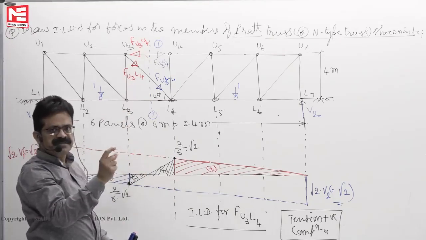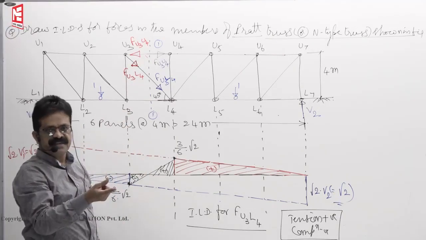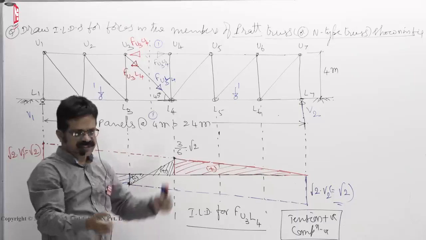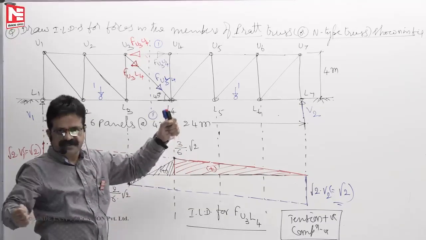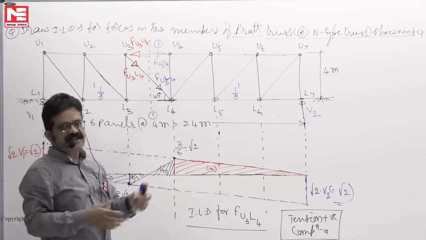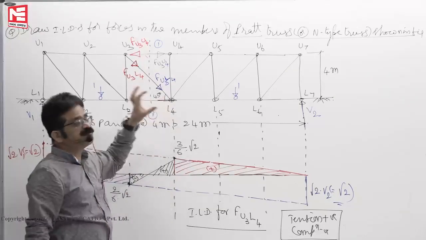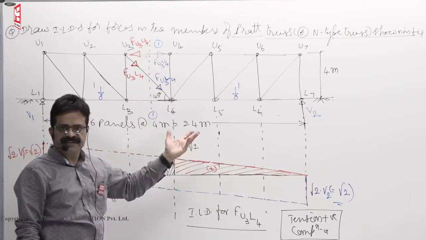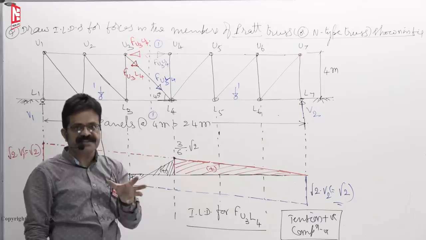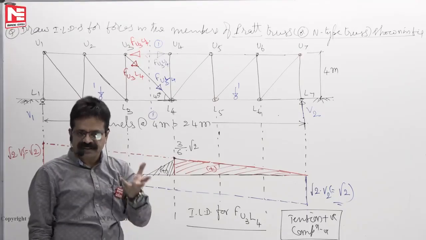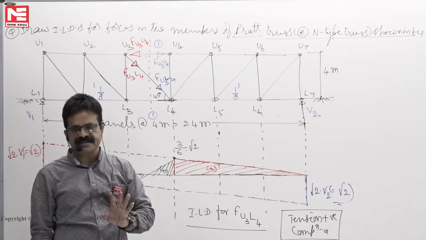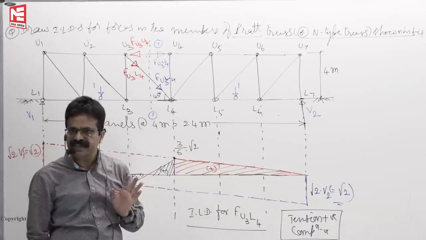If any member is subjected to reversal of stress, it can be upward shear, downward shear, compression or tension. So stress direction, if it changes, we say that the member is subjected to fatigue. Fatigue means it is a process wherein the member strength decreases if it is subjected to reversal of stress.